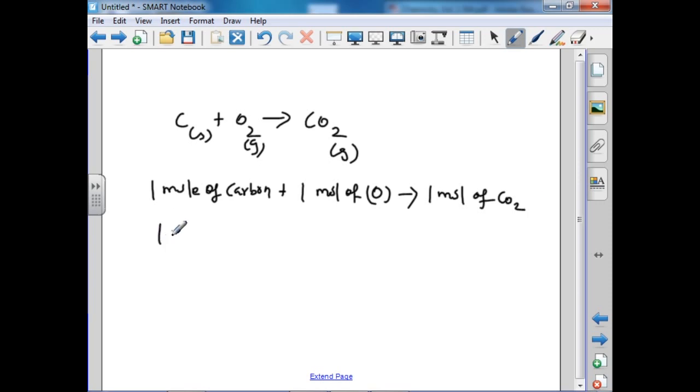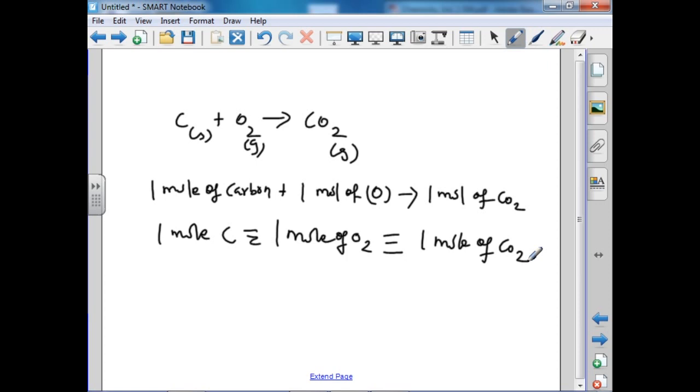So 1 mole of carbon is stoichiometrically equal to 1 mole of oxygen, which is equal to 1 mole of carbon dioxide. This symbol means stoichiometrically equal. So that is the balanced chemical reaction.